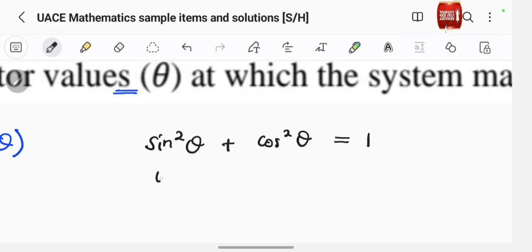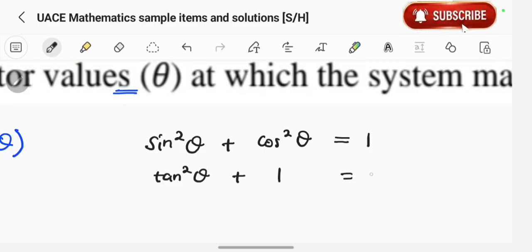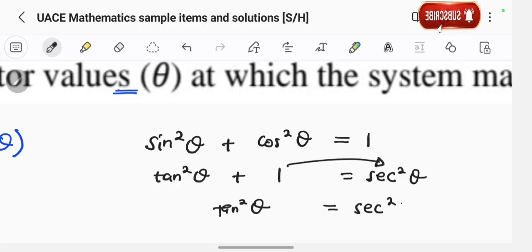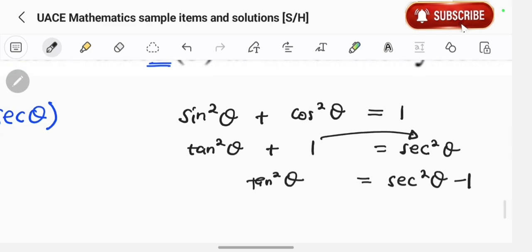So when you divide by cos, you remain with tan squared theta plus 1 is equal to 1 out of cos, which is sec squared theta, like that. So this is the identity. If I want to make tan squared theta the subject, I move this one that side. We remain with sec squared theta minus 1.